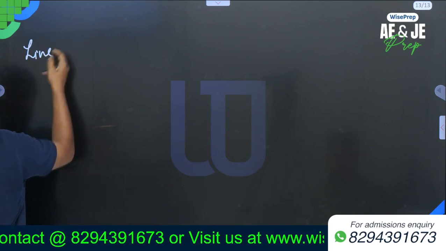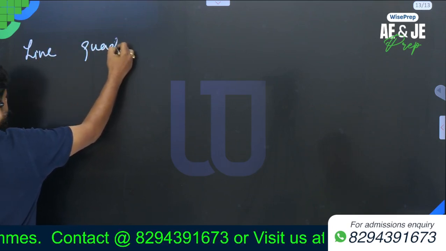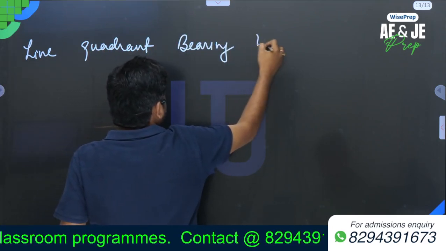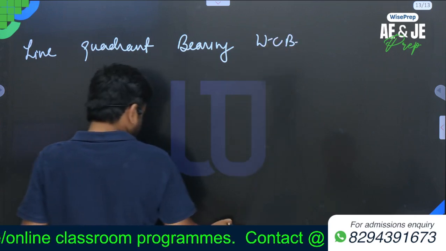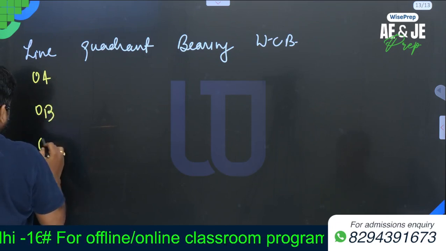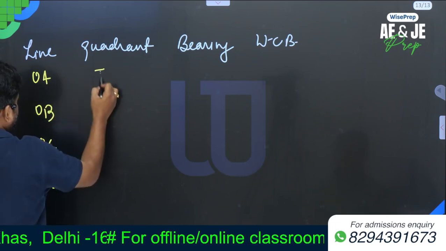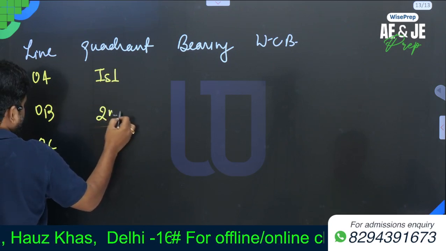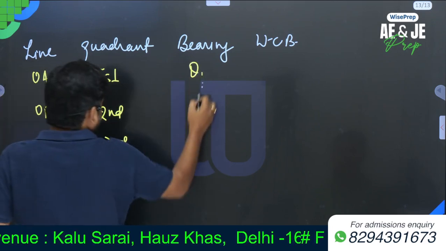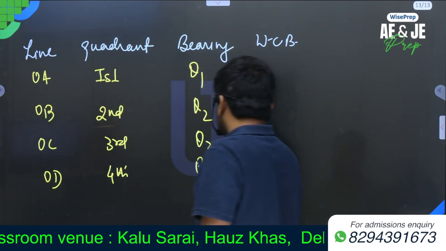Now let's see here. I'm saying line, quadrant, bearing, and whole circle bearing. These are asked in JEE or A exam. OA, OB, OC, OD. First quadrant, second quadrant, third quadrant, fourth quadrant. Bearing theta 1, theta 2, theta 3, theta 4.